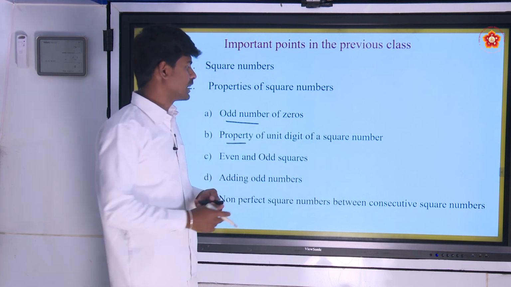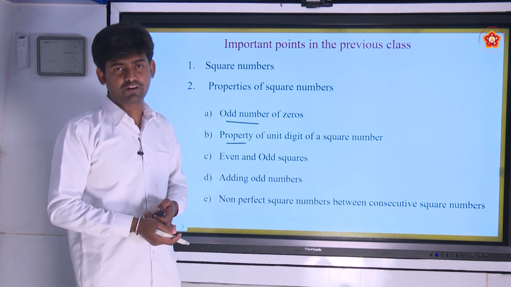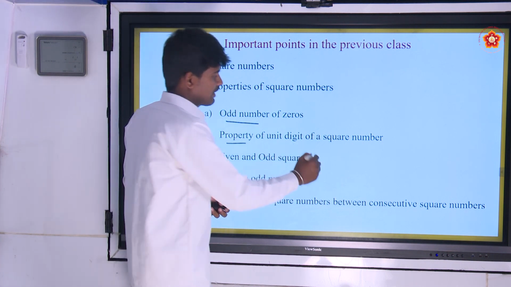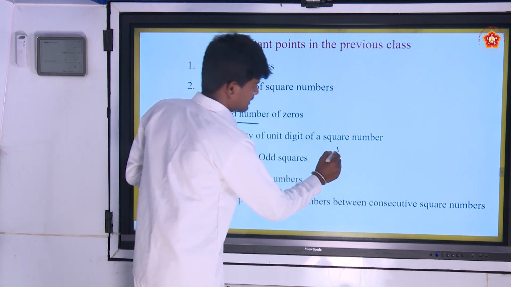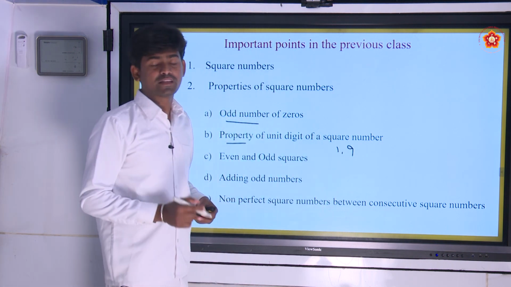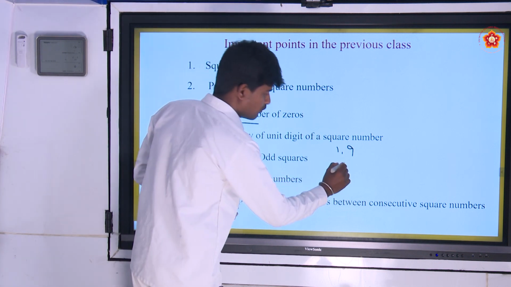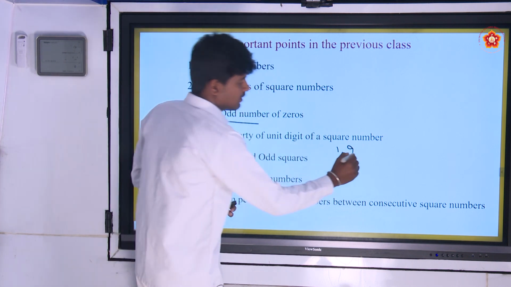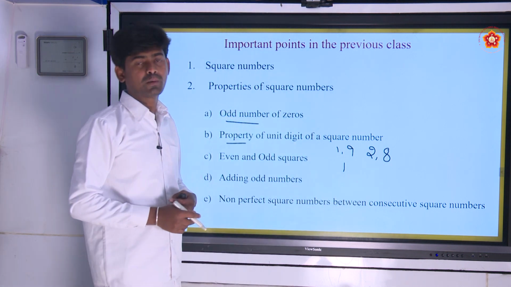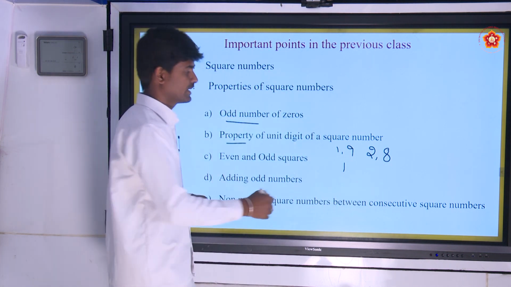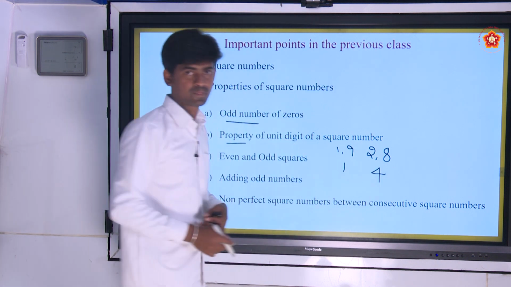The second one is properties of the unit digit of a square number. We have a table. If the number ends with the unit digit 1 or 9, its square ends with 1. Is it right? If the number ends with 2 or 8, the square number ends with 4.